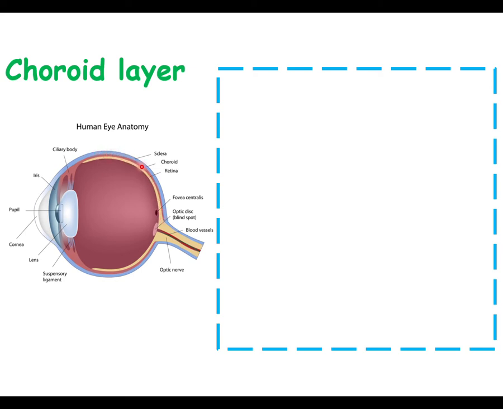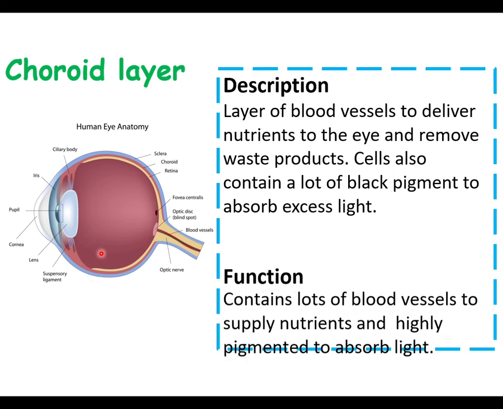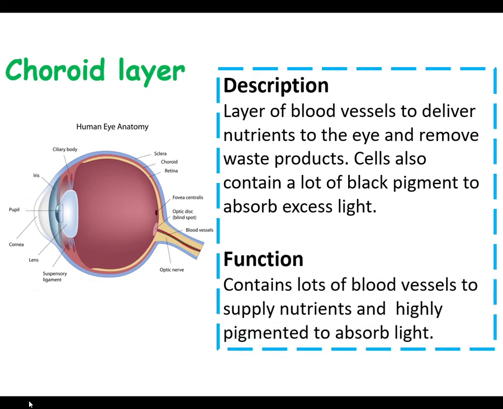And also the choroid layer contains lots of highly pigmented cells, so lots of black pigment sits in there, and that absorbs any excess light. If the light that enters the eye isn't picked up by a cone or a rod, you don't want it just reflecting around the eye. That would just make you very confused. So the highly pigmented layer of the choroid absorbs any excess light.